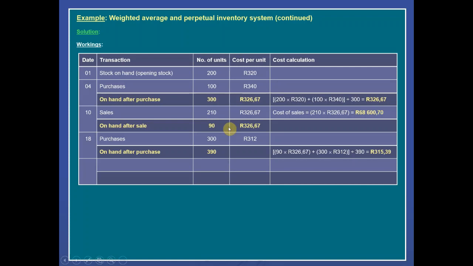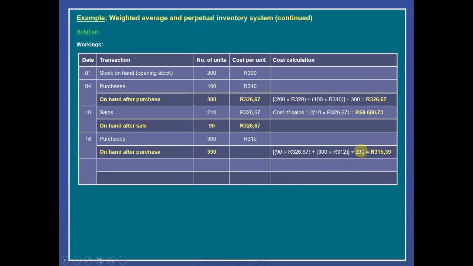We have the 90 units at the previous average price of 326.67, so we multiply the 90 by the 326.67, and then we have to multiply the new 300 by the new price of 312 to get the total value of stock available to be sold.